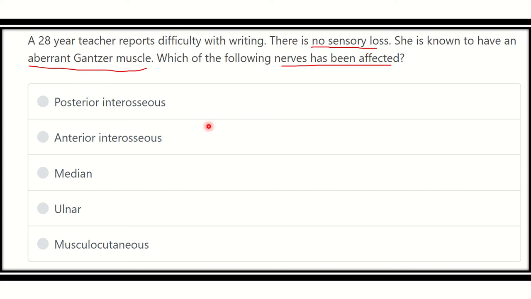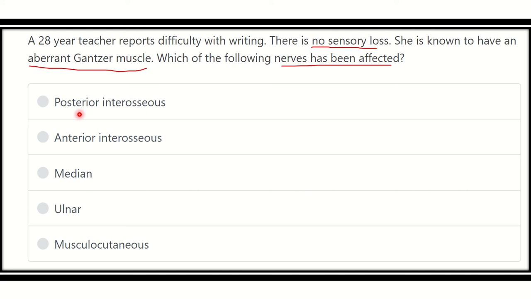So in the forearm, if they denote no sensory loss, then there are two important nerves: anterior interosseous or posterior interosseous, because they are purely motor nerves. They provide no sensory supply. So if no sensory loss is present in the forearm of the upper limb, the options will be confined to the anterior and posterior interosseous nerve.